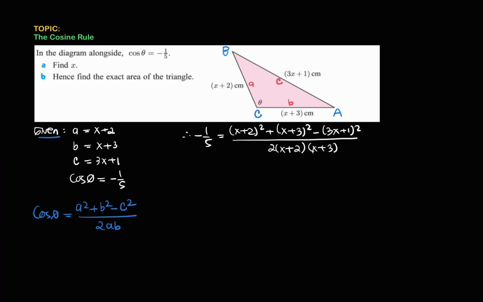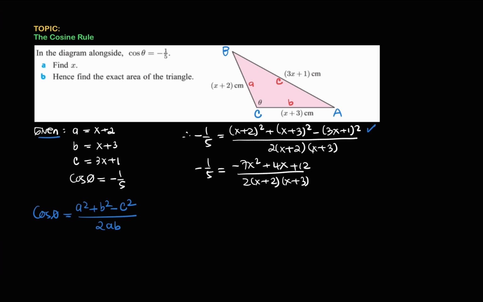So then we get the equation -1/5 equals (-7x squared plus 4x plus 12) over 2 times (x plus 2)(x plus 3). How did I get the -7x squared plus 4x plus 12? After I expand the numerator, I add the like terms together and subtract them.